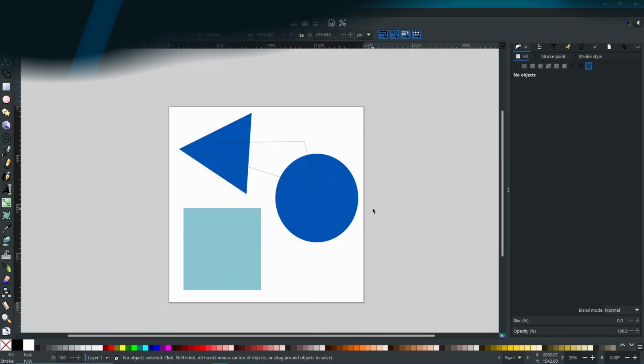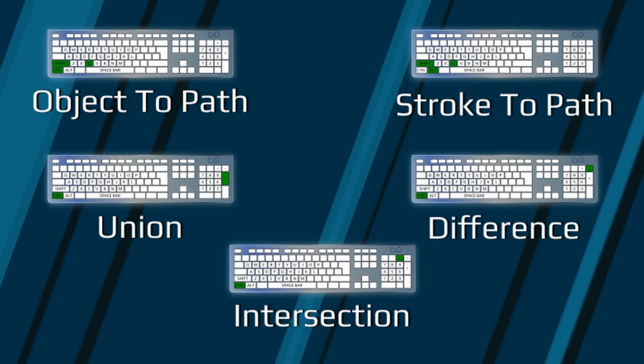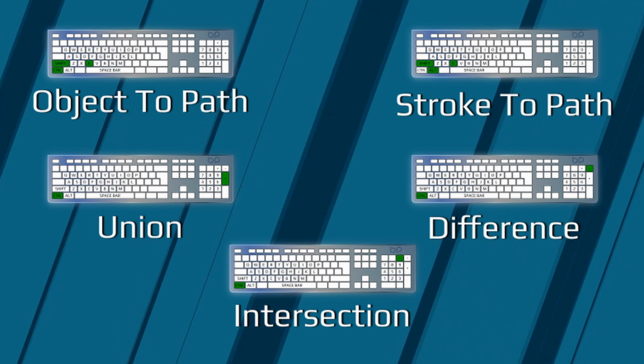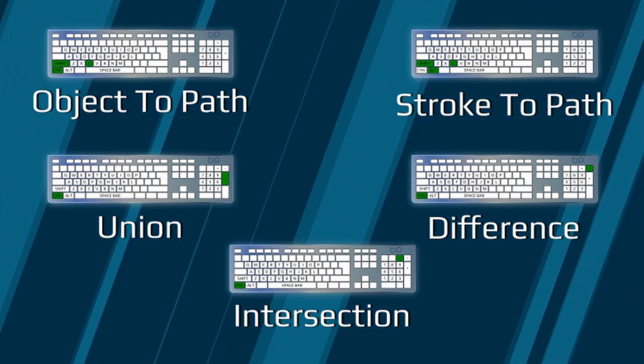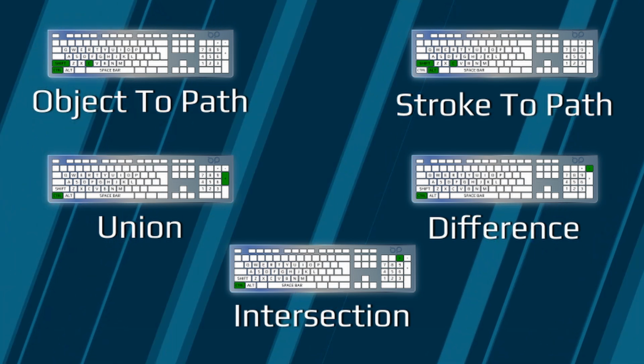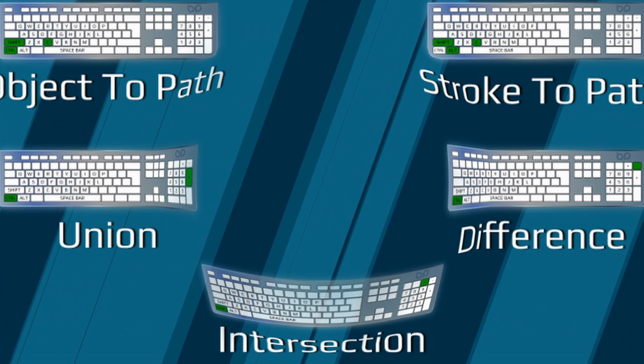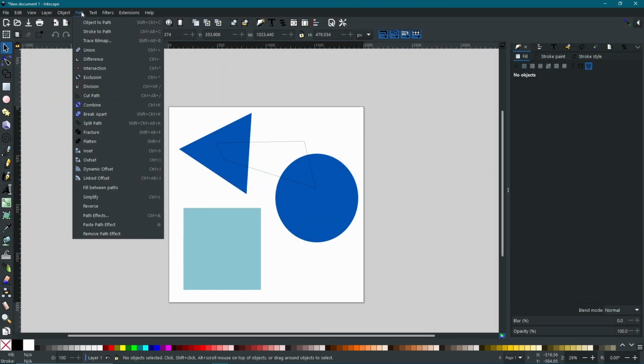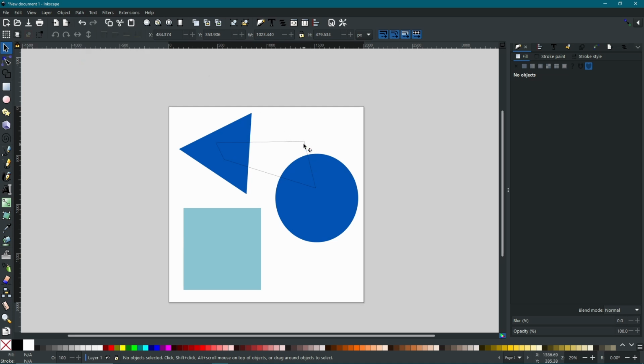Path commands. Path commands also have a lot of keyboard shortcuts. Now when you are using Inkscape, it will not be long, as I'm sure you're aware, before you go to path, object to path. This happens a lot when you're trying to convert your objects into a path.